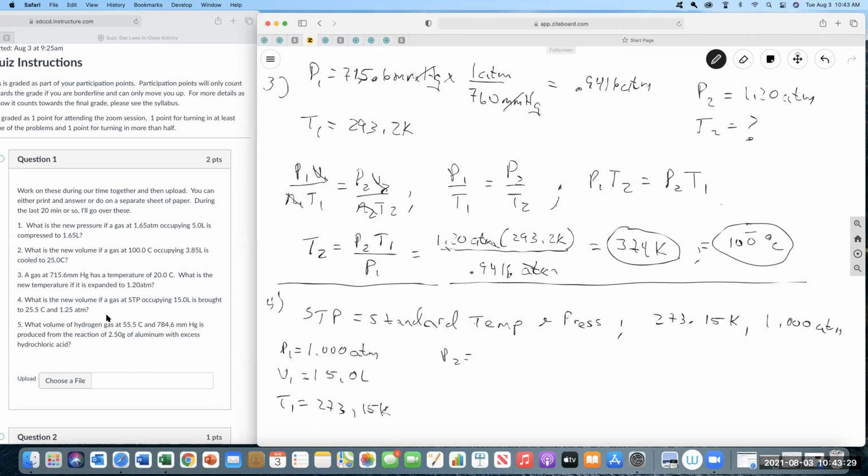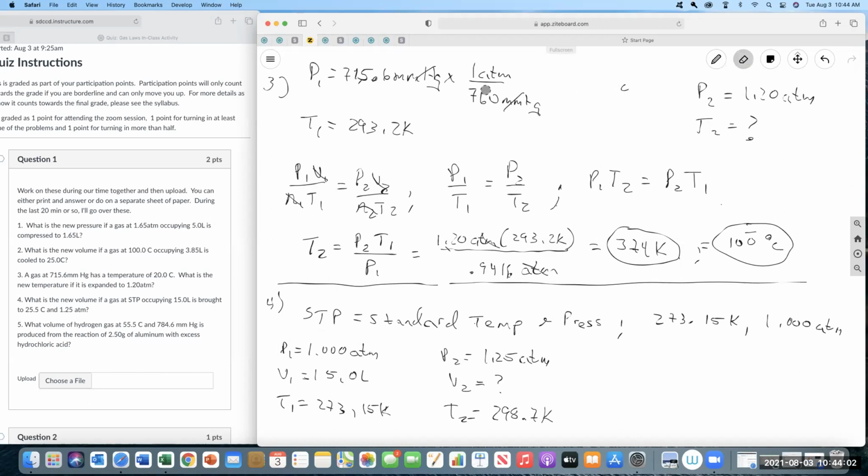P2, it's brought to 1.25 atmospheres. V2 is our question mark. What is the new volume? And T2 is 25.5, so 273.15 plus 25.5 is 298.7.